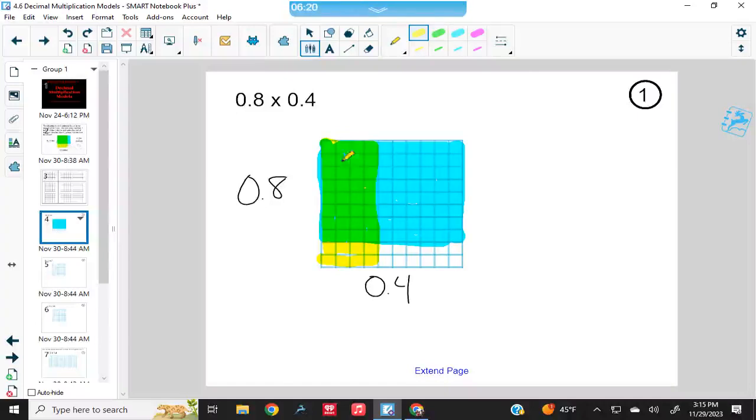So then again, all we're going to do is count them up. We know that going across is 4, going up and down is 8. What do you like to count by?